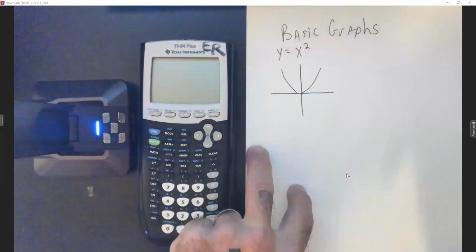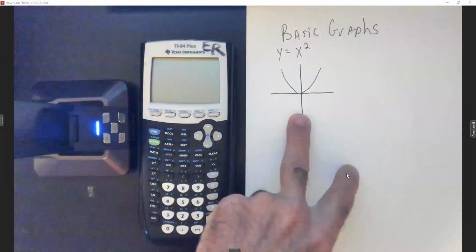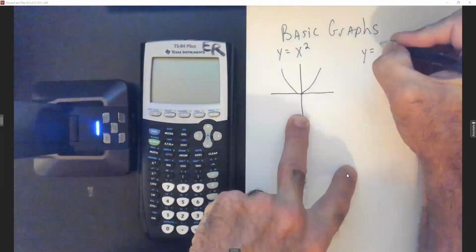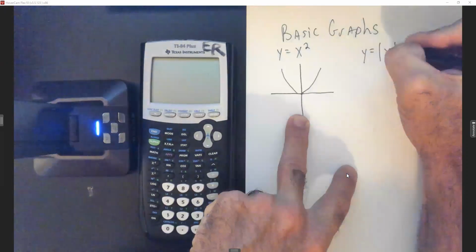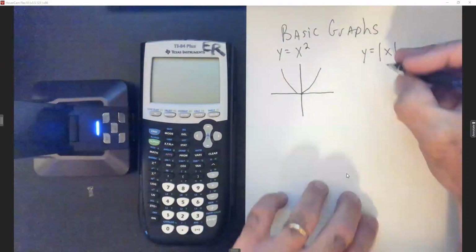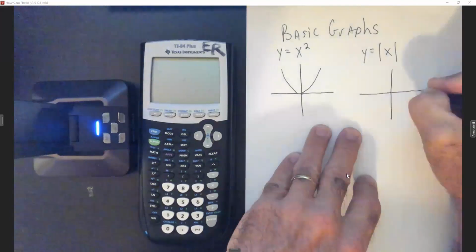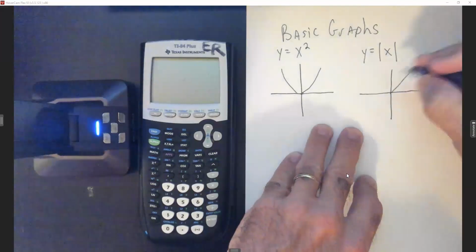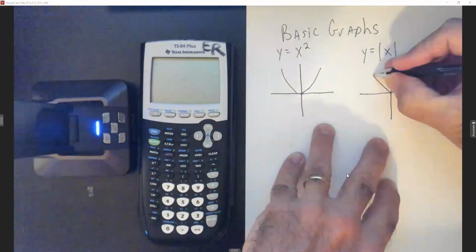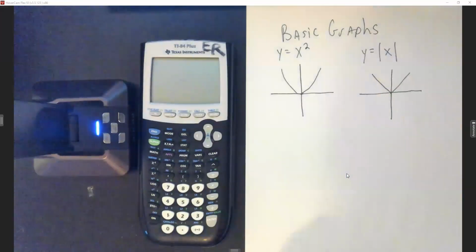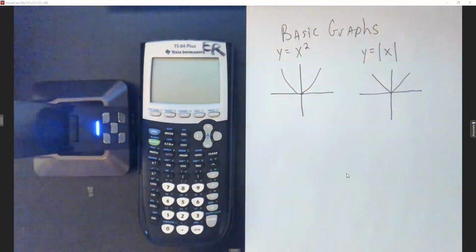And remember, the x squared graphs always look like a parabola. Another basic graph you had to worry about on this test was the absolute value graph.